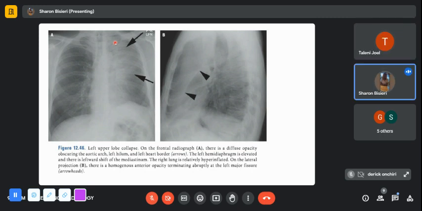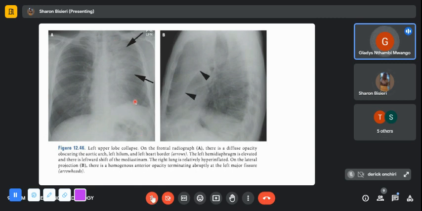No. Not yet. Okay. Then what's happened to the diaphragm and that tenting? There are several signs here. Yes. Elevation. Okay. We can proceed. And then you can now see it also very clearly in the lateral view. Yes.